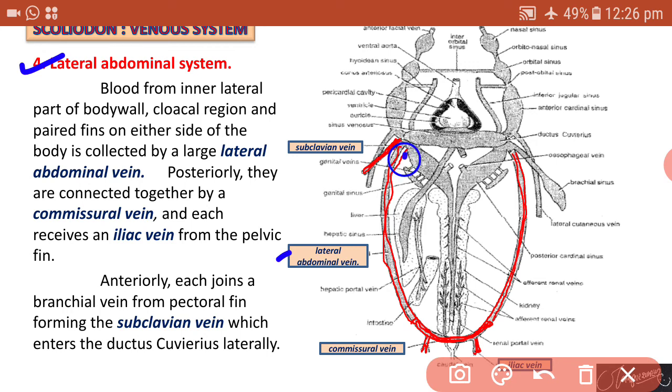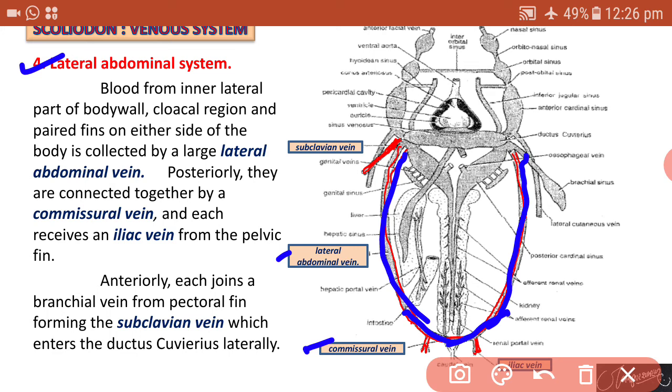This lateral abdominal vein, a pair, collects blood from both lateral sides, and towards the posterior side both these blood vessels are connected with each other, and that connection is called the commissural vein, the connection between the lateral abdominal veins.